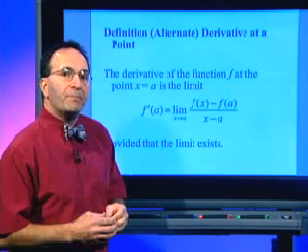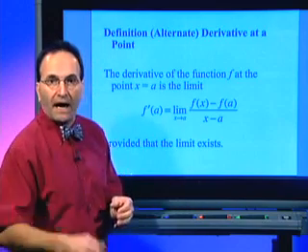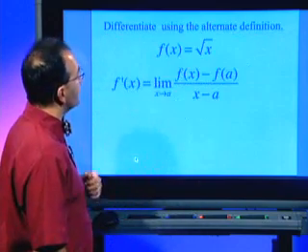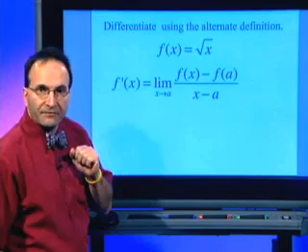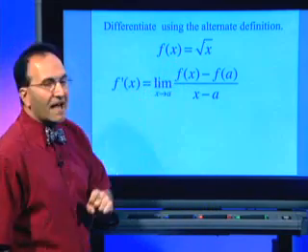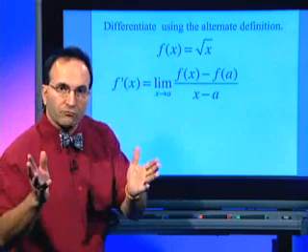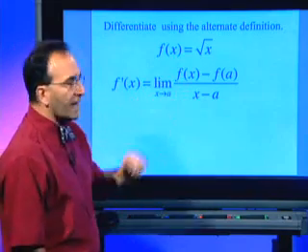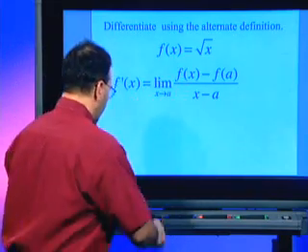So again, the best way to look at this would be to try an example. This time, we use the alternate definition. We have the function f of x equals the square root of x, and we apply this alternate formula.